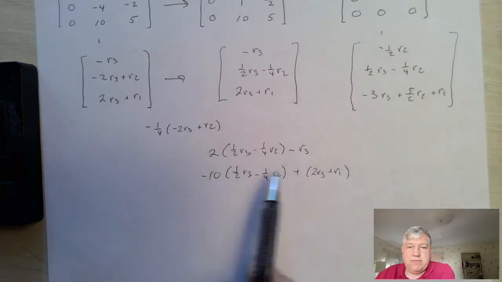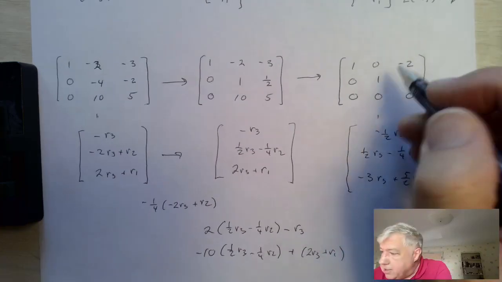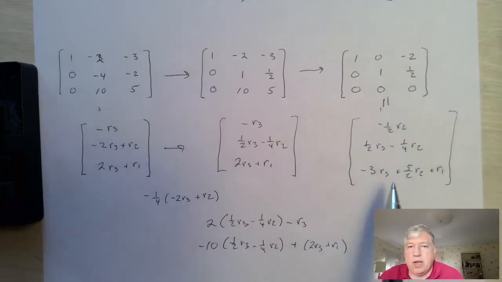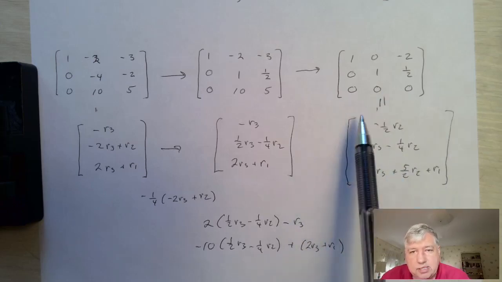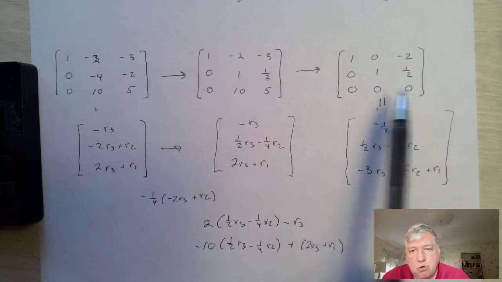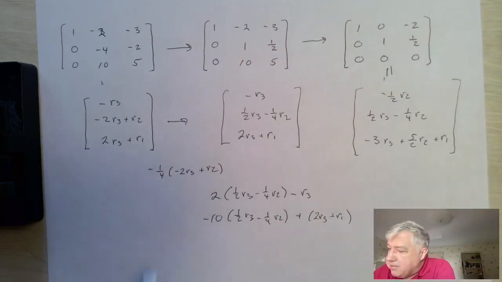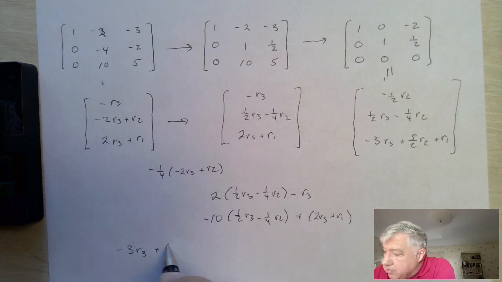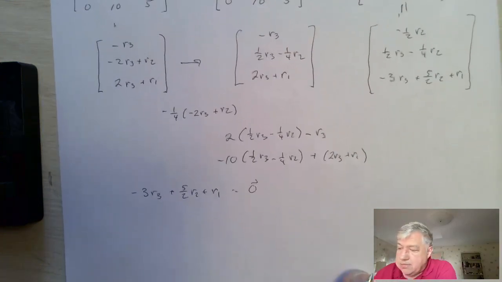If you simplify this, you get this. Now, because these two matrices are equal, this bottom row has to equal the bottom row here, which is all zeros. So what we get is that -3R3 plus 5/2 R2 plus R1 is equal to the zero vector.